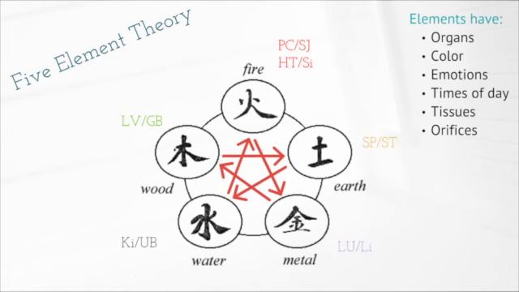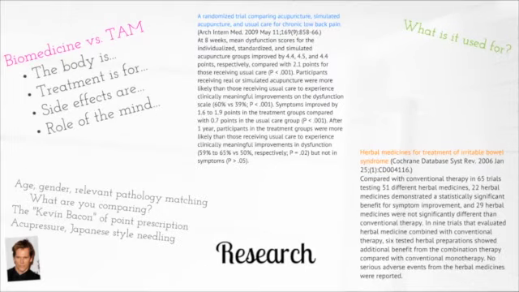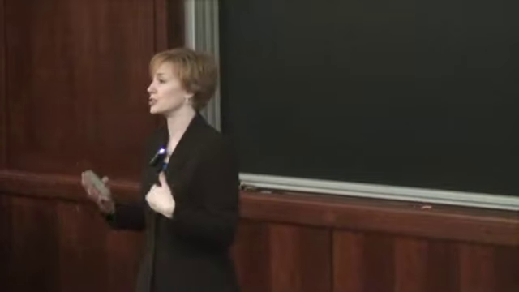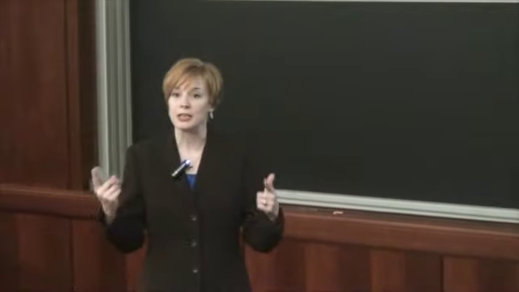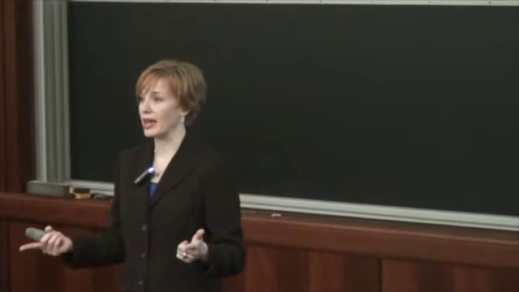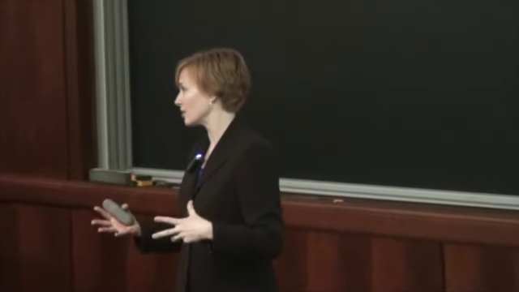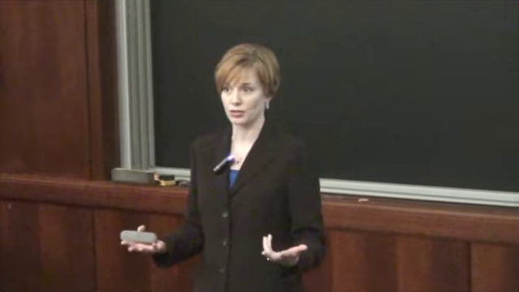I have a whole bunch of literature articles. I don't want to keep you guys too terribly much longer. I've got a whole bunch of articles if you want me to show you some of the literature about acupuncture research, and we talked a little bit about the difficulties. I don't want to excuse not doing more research in acupuncture. But the premise that two people can be treated the same way is completely antithetical to the way that acupuncture is structured.